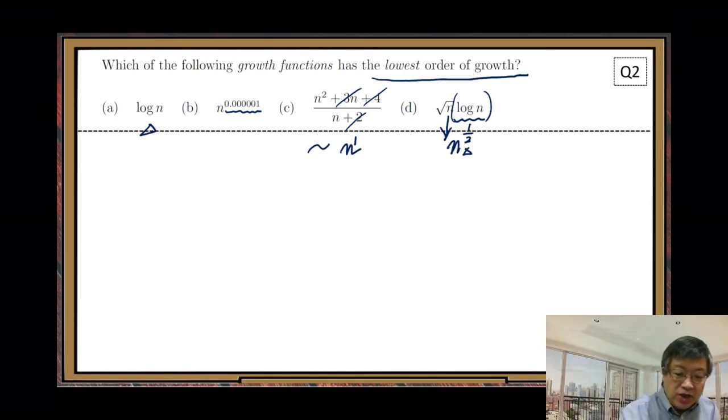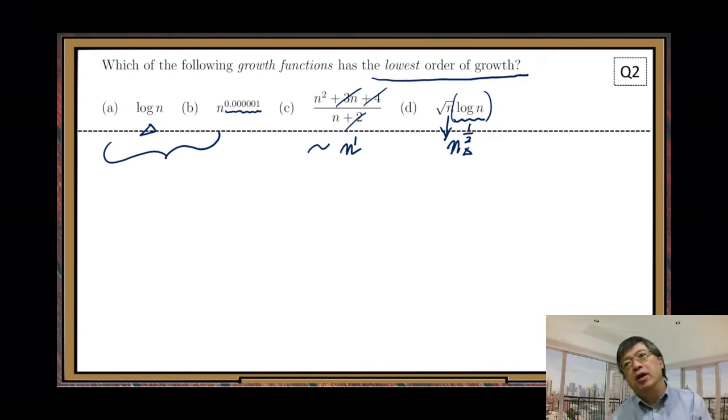So you can see B is lower than C and D. All right. So the last step, we only need to compare A and B: which one has lower order of growth?